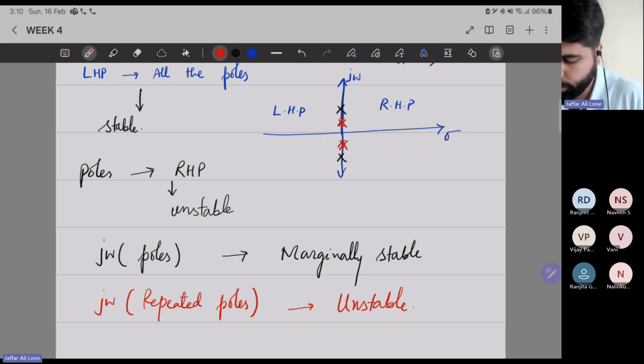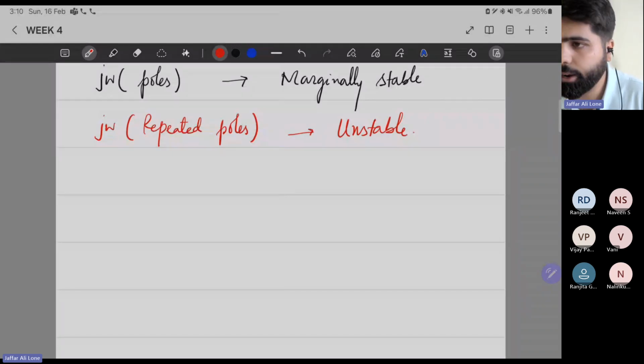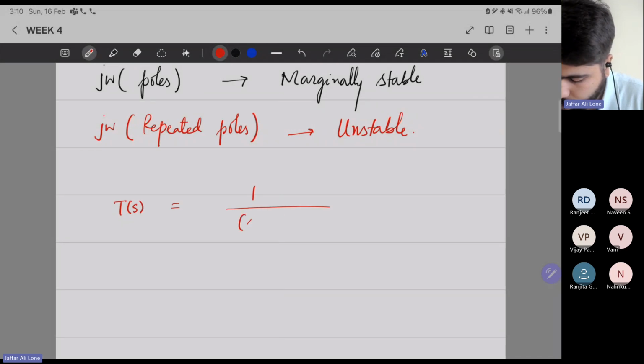Now moving forward. For example, you are given a characteristic equation, or a transfer function T of S equal to 1 divided by (S plus 2) into (S plus 1).